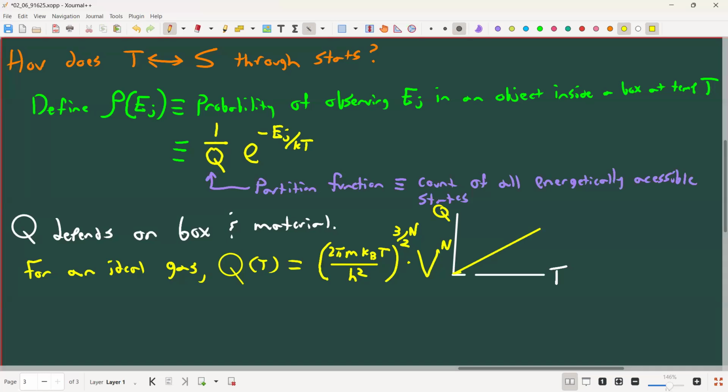Okay, so Q just measures how many particles have energy E sub J. I need to figure that fraction out with the total number of energies I have, which is what Q tells me. So it just normalizes my equation.